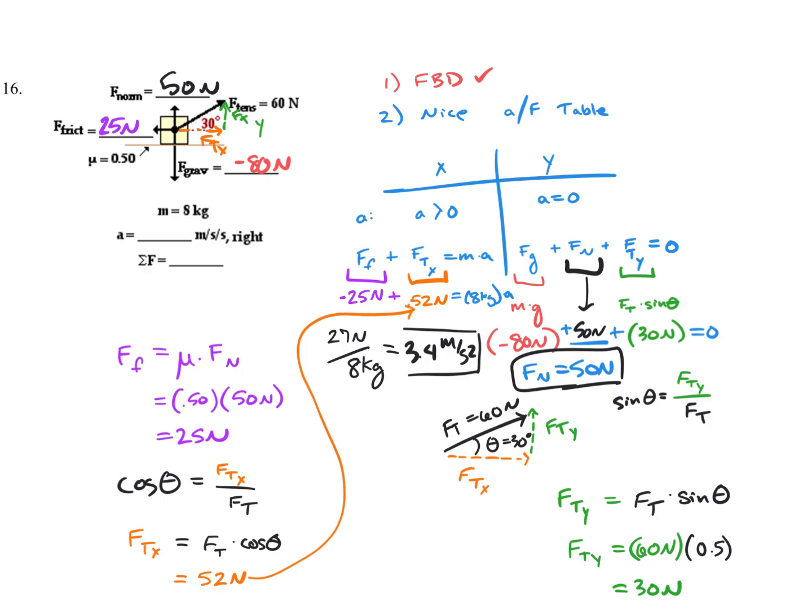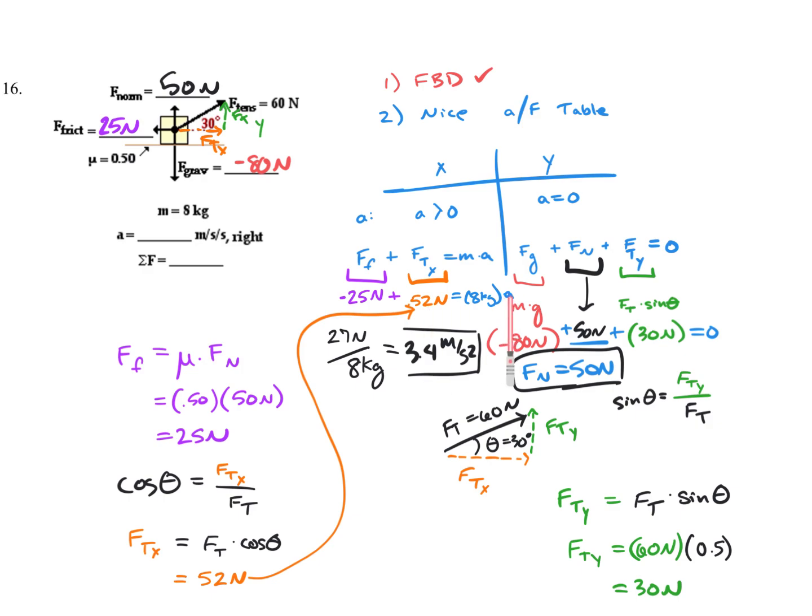It doesn't ask us to solve for Ftx, but you need to use Ftx to determine the mass times the acceleration. So because the friction is 25 newtons to the left, and the Ftx is 52 newtons to the right, that is the sum of the forces, which is 27 newtons. Now it is equal to the mass times the acceleration.